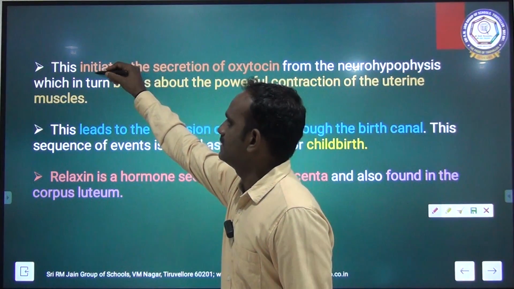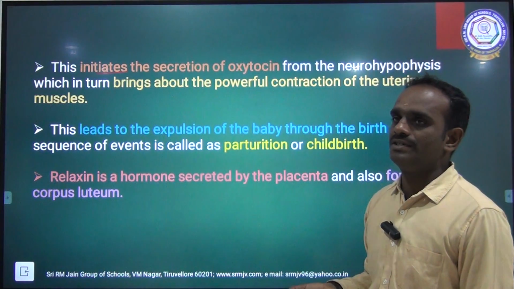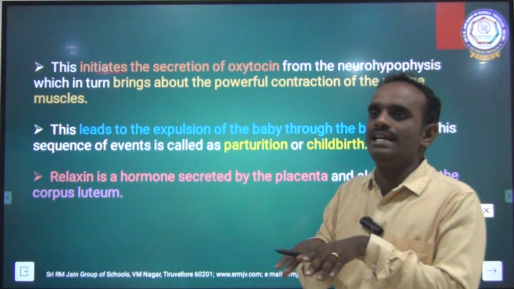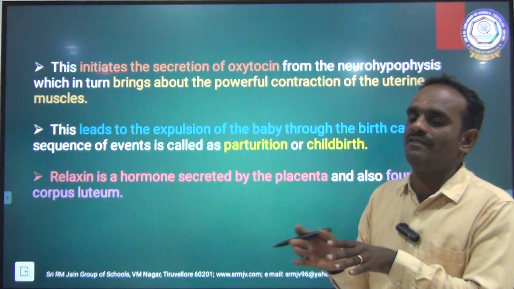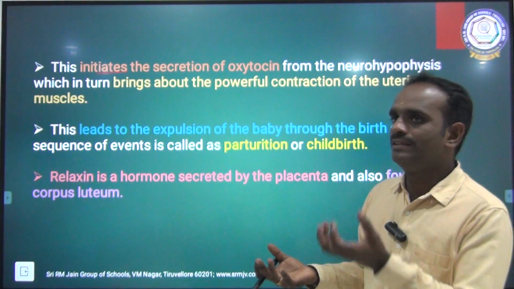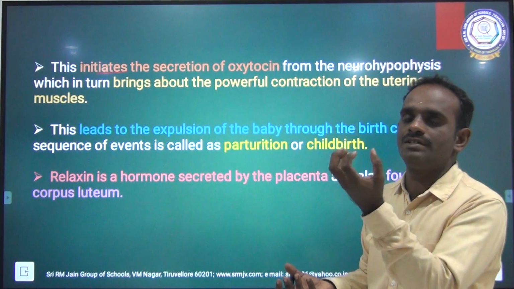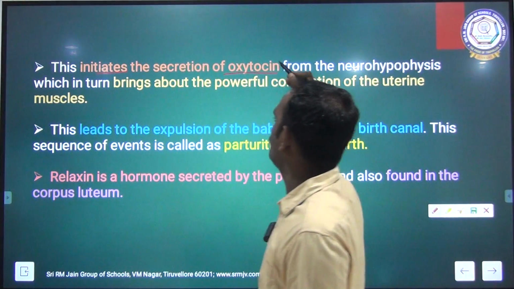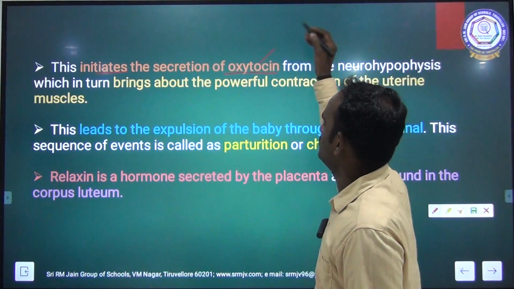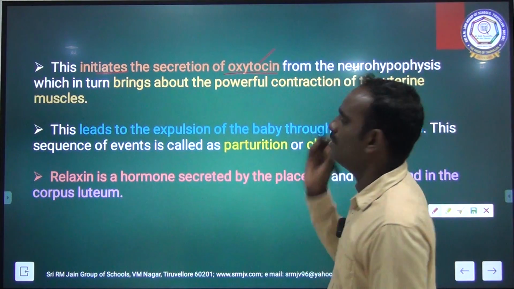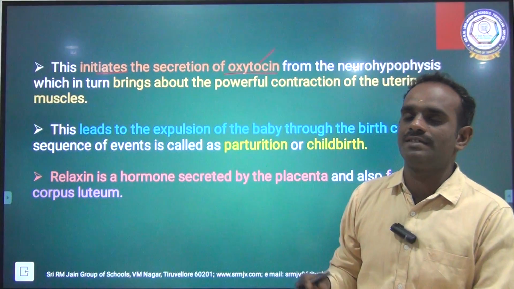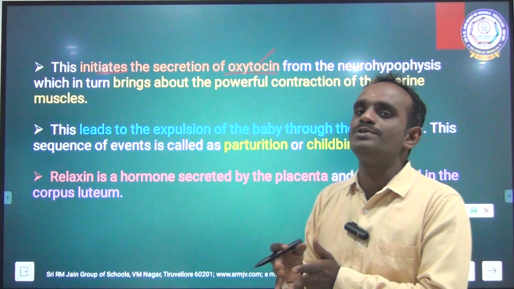This reflex initiates due to the dilation of the cervix. Once the dilation of the cervix and the vaginal canal takes place, the fetus comes down, and this movement is called downward movement. This initiates the secretion of oxytocin. Oxytocin is a hormone synthesized by the neurohypophysis, that means the posterior pituitary.